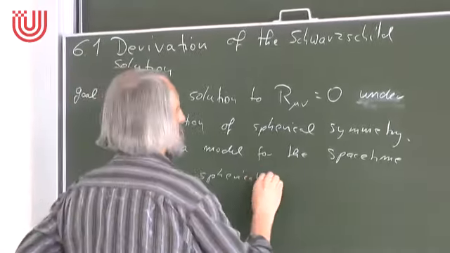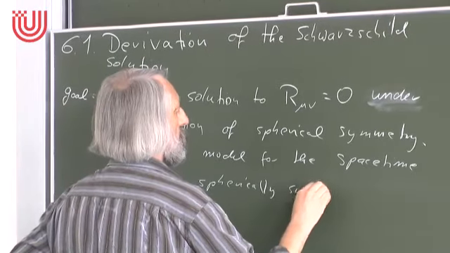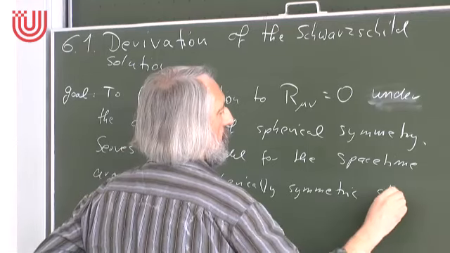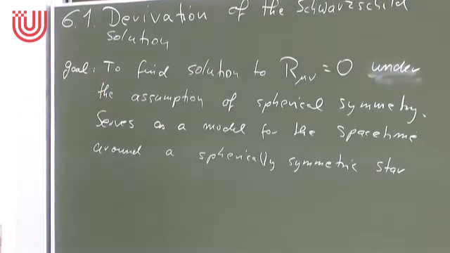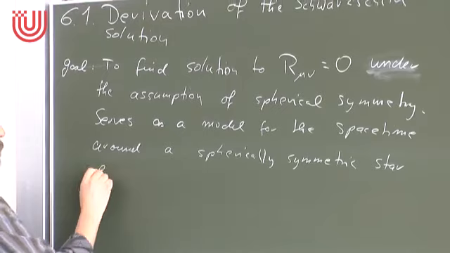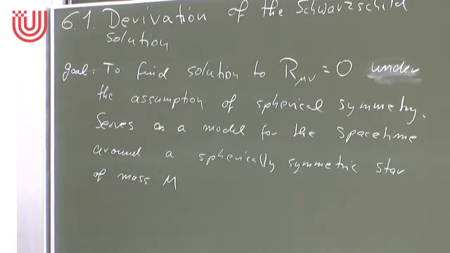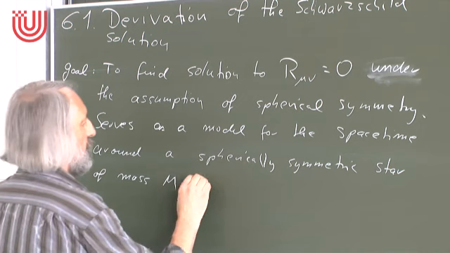A spherically symmetric star. This will be characterized by two parameters. Namely, it will have a mass, which I will denote capital M. So we will expect the solution to depend on the parameter M in some way or other. And it will have a radius.